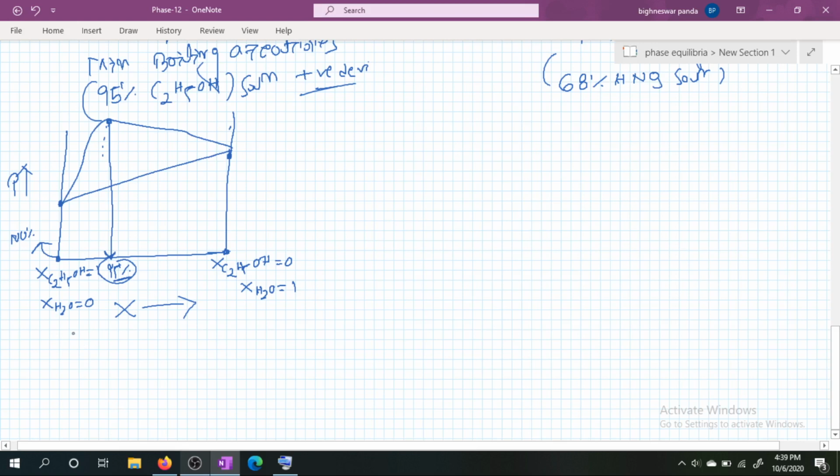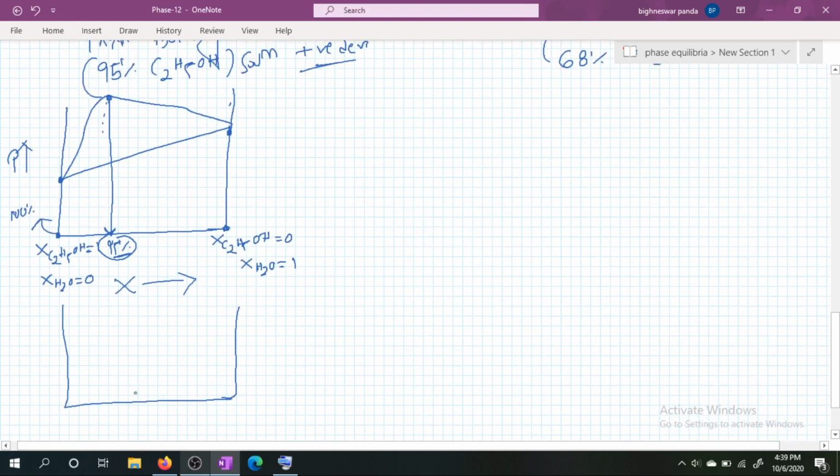If I have to draw the same type of graph, here I have to take temperature and here mole fraction. This is the boiling point of water, and here the boiling point of alcohol.